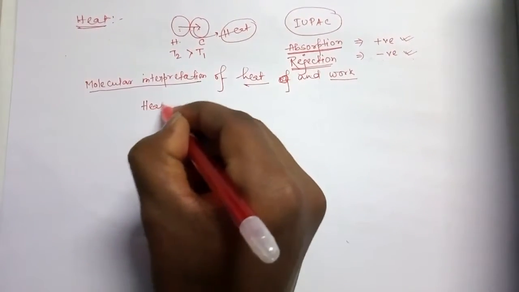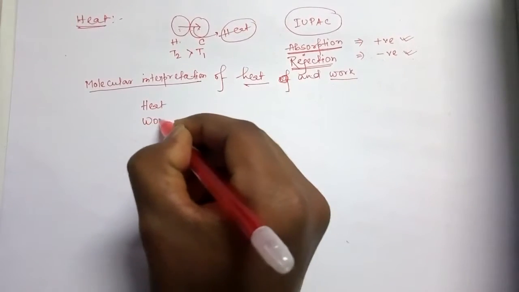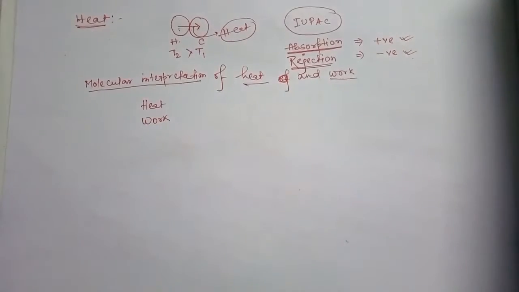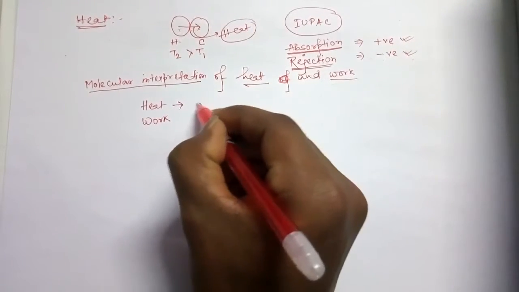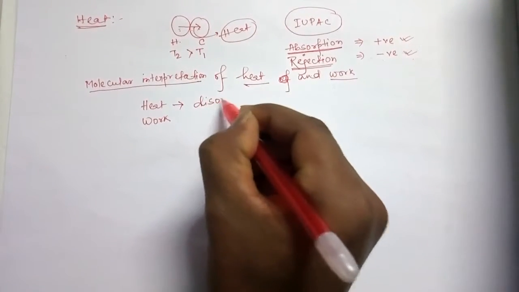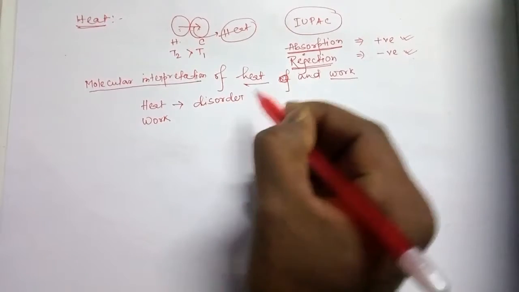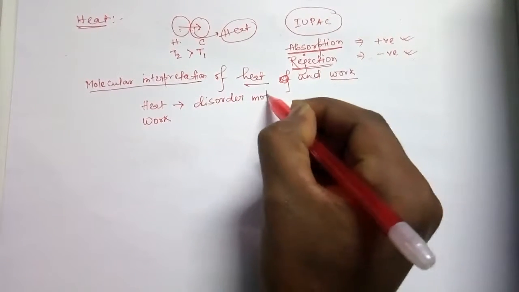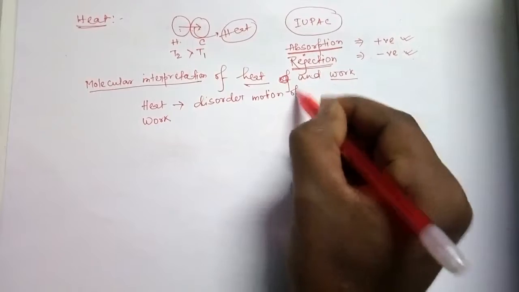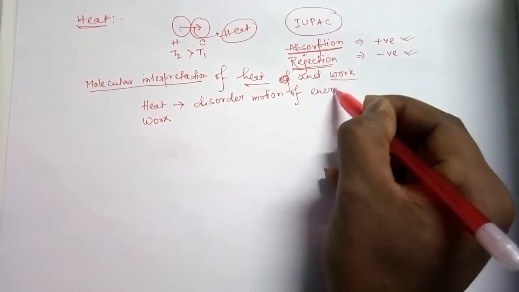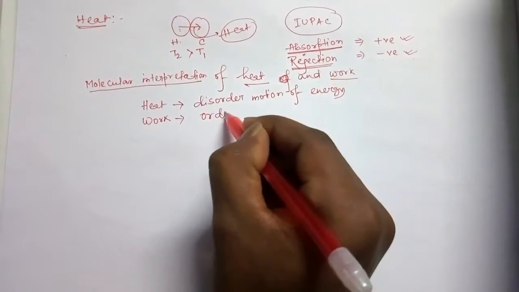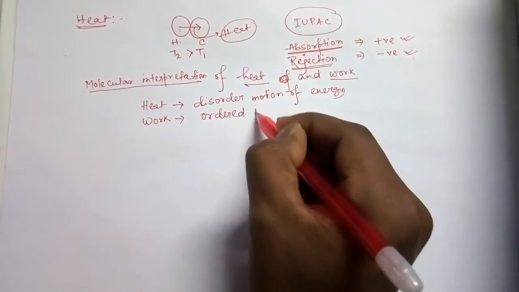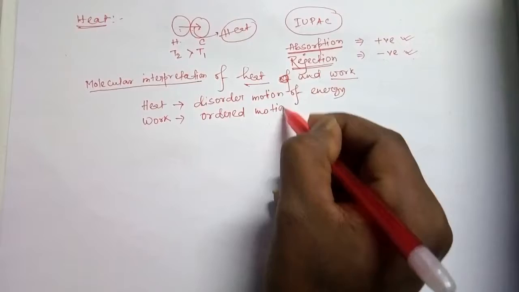Heat is disordered motion of energy, and work is ordered motion of energy.